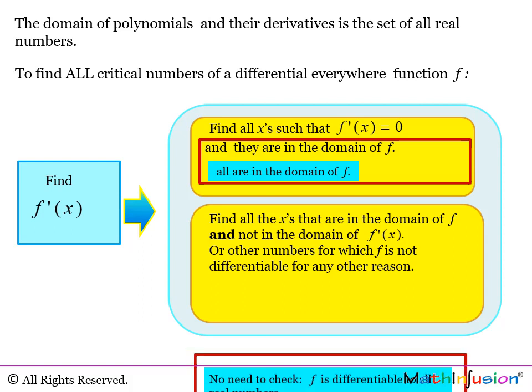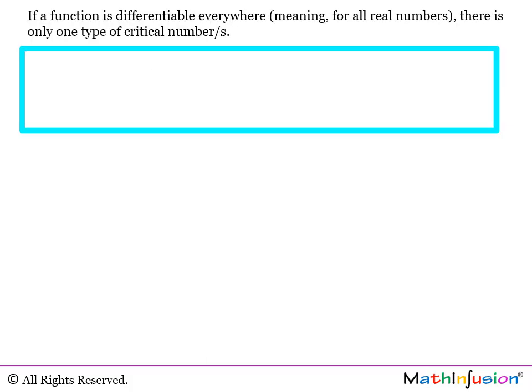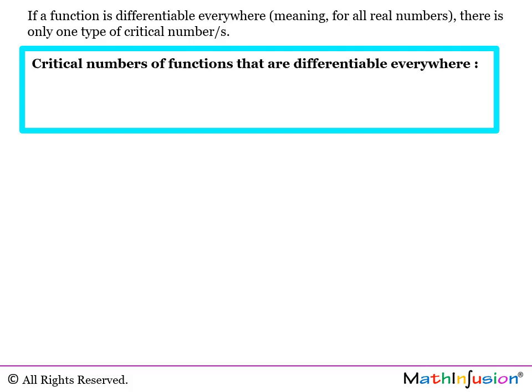But even more, we don't have to care about those guys, because f is differentiable to all real numbers, so we cannot have this type of critical number. So if a function is differentiable everywhere, there is only one type of critical number.